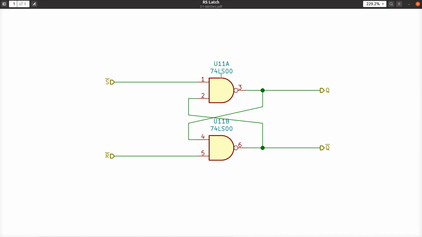So we can say that the circuit here has at least one gate, in fact both of these gates, have its output fed back, in this case indirectly, to its own input. So the value of Q depends on the value of Q.